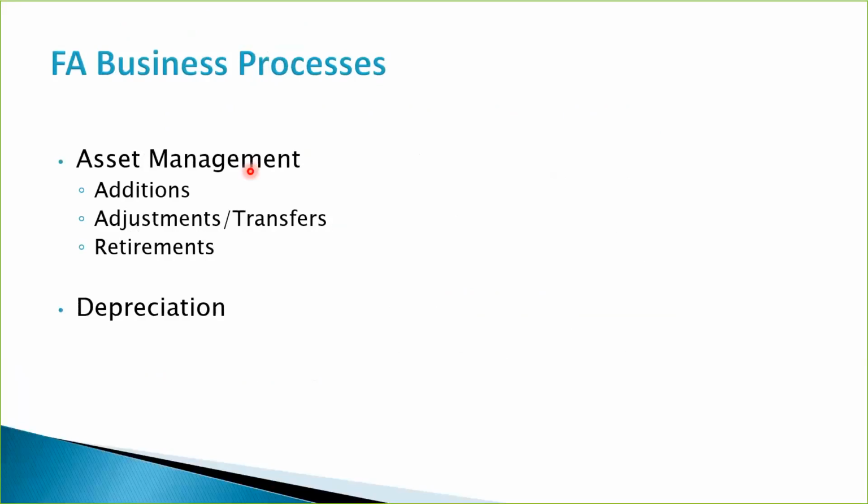So talking about FA functionality, or what we can call the business processes in the FA module. We mentioned this when we were doing our introduction lesson, and we said that the main functionalities of FA can be grouped under asset management and depreciation functionality, okay?